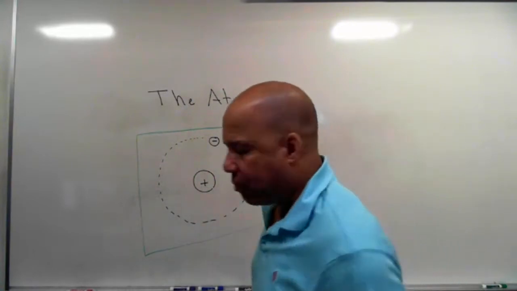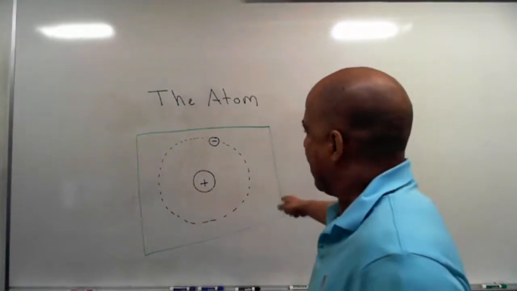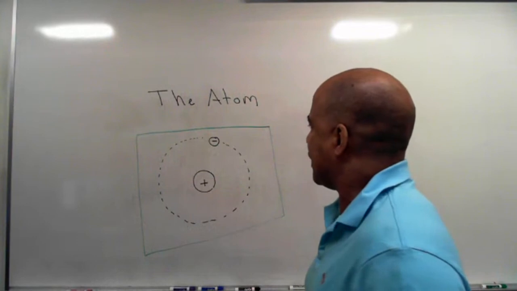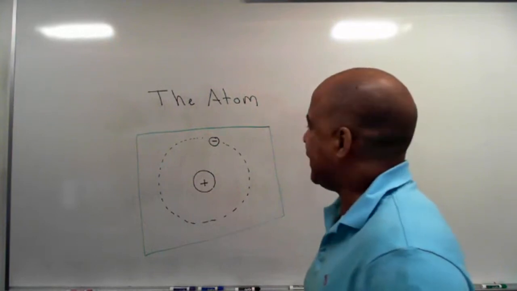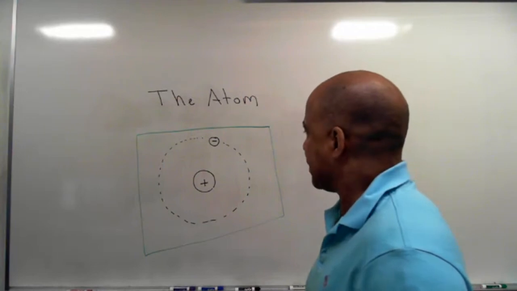If I ask you how much total charge is in that green area, how would you answer that? What's the net charge in that box? What's the total amount of charge in the box?